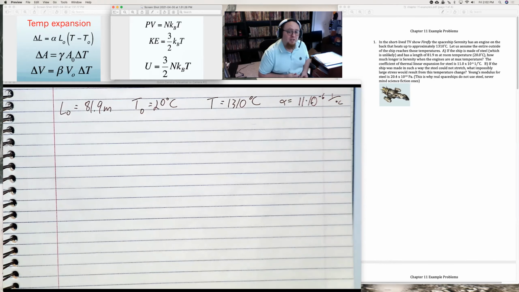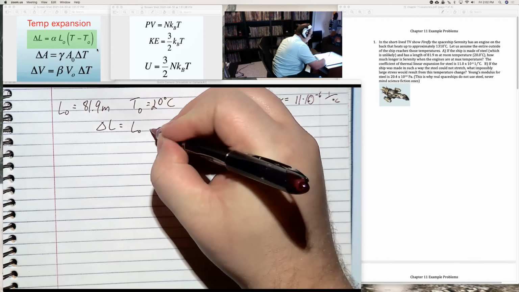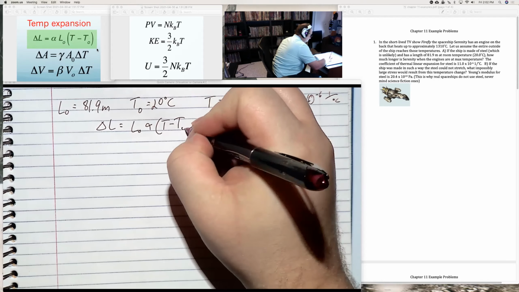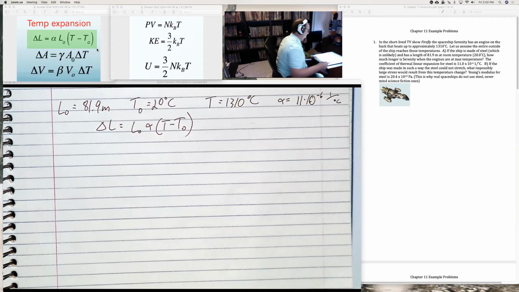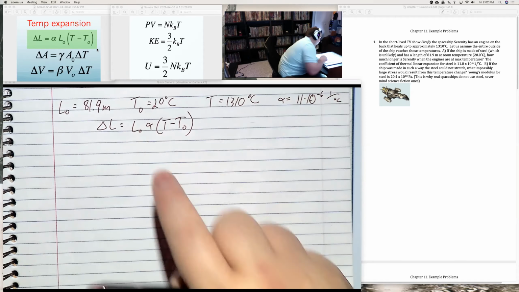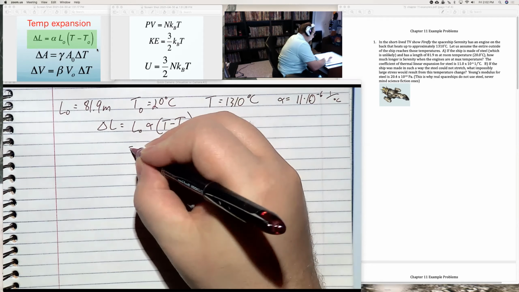If I want to solve for this, this is length elongation. The idea for length elongation is that the change in length is L naught alpha delta T. I wrote it in a different order; I could also write alpha L naught delta T. I usually write it this way. And I'll just plug in.